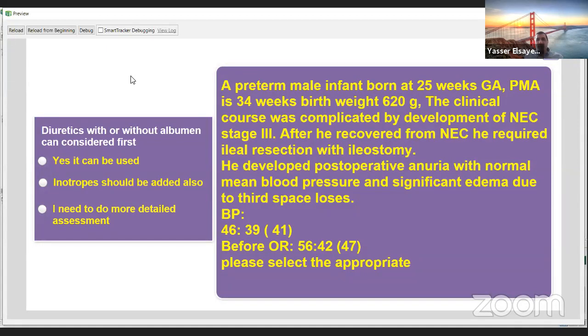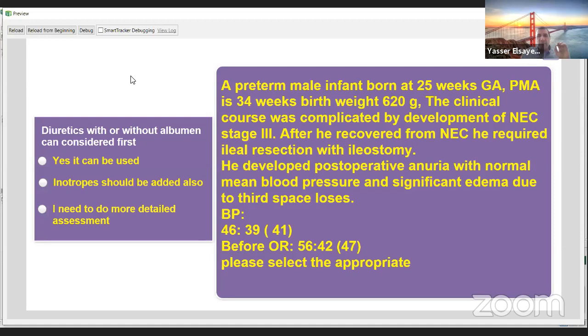His clinical course was complicated by many complications related to prematurity, but I will focus on the fact that he developed NEC stage 3 and recovered. After that, he developed intestinal obstruction with a lot of residue and fluid losses, and required ileal resection with ileostomy.